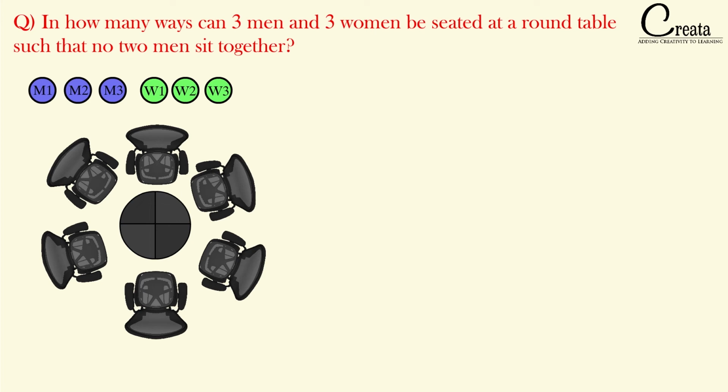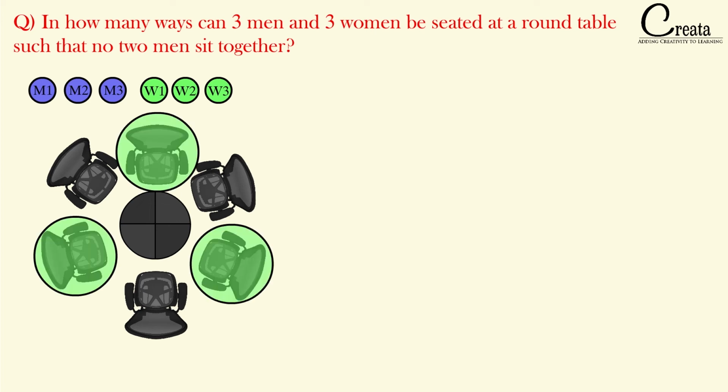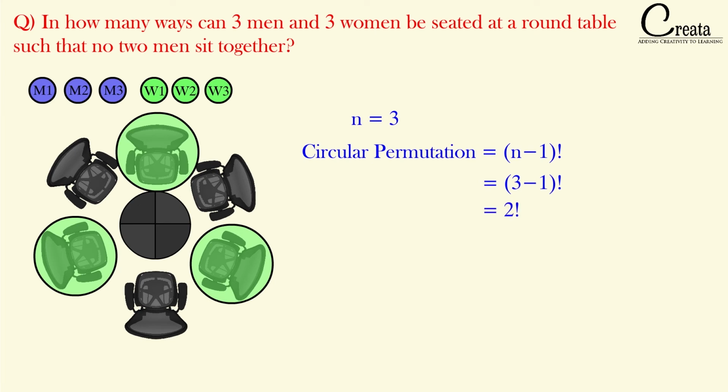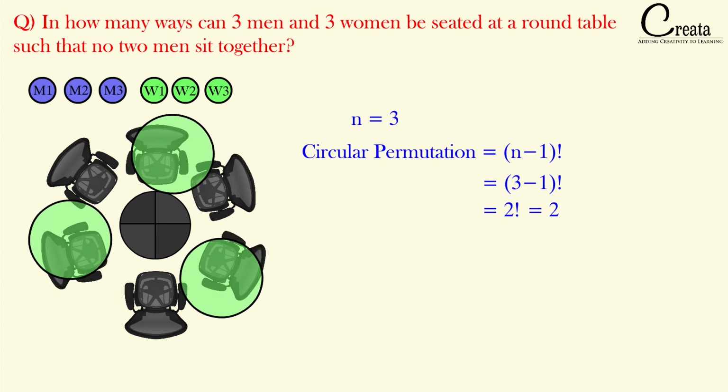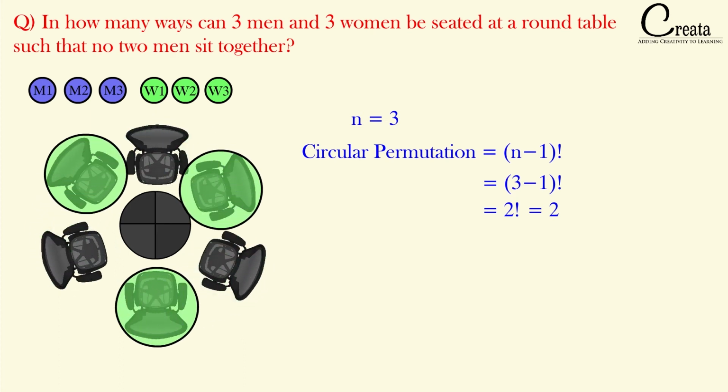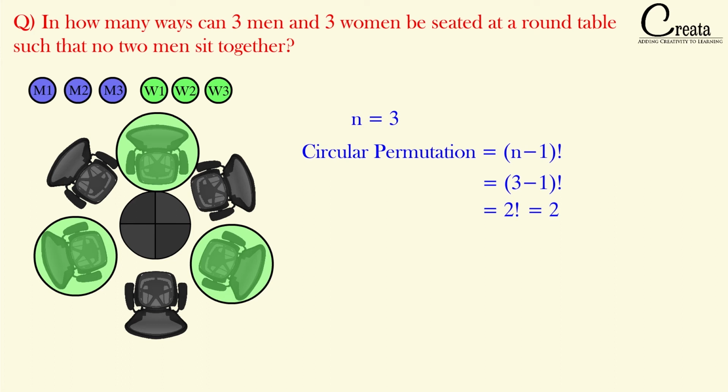So firstly, let's see in how many ways the 3 women can take these 3 slots. These 3 slots come in a circular permutation way, that is n is equal to 3. So we can say the 3 women can take these 3 slots in 3 minus 1, that is 2 factorial ways. Got it? Don't be confused, if the women decide to sit in these 3 locations, these 3 locations or these 3 locations are basically the same.